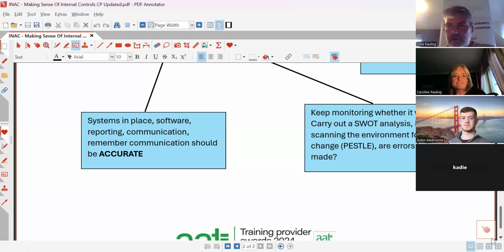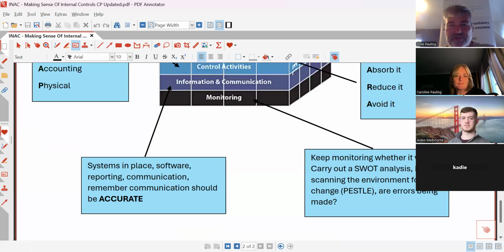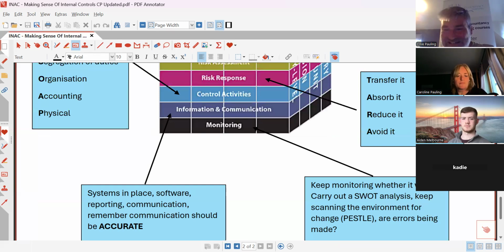Finally, we've got at the bottom monitoring. So what we need to do is keep constantly revisiting our control systems. We need to keep constantly revisiting our risk assessments because risks change. The government can change policy. The government could change tax rates, for example.